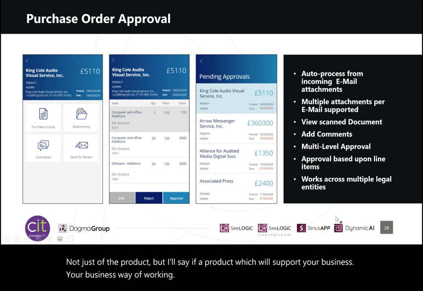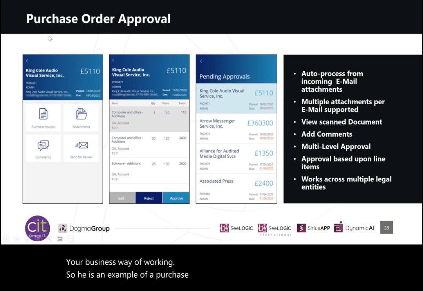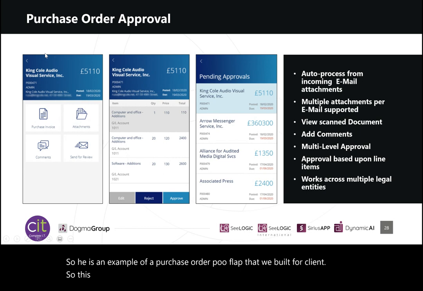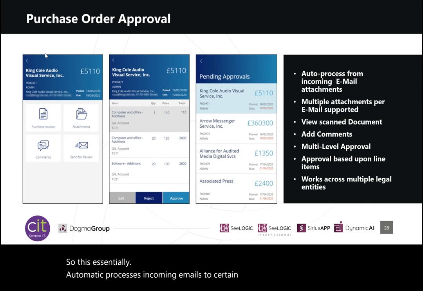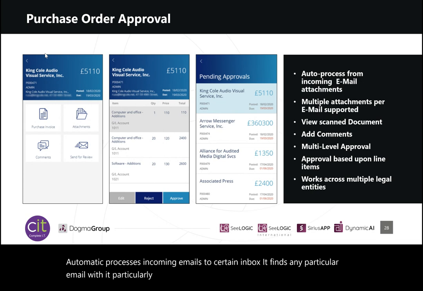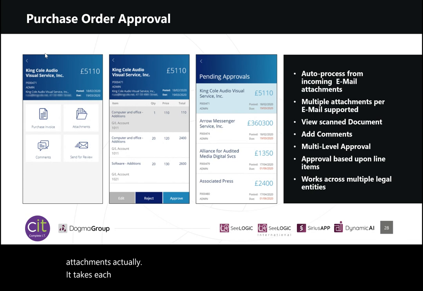So here's an example of a purchase order approval app that we built for our client. This essentially automatically processes incoming emails to a certain inbox. It finds a particular email with a particular email attachment. You can have multiple attachments actually. It takes each of those attachments, looks at the document, verifies it is a purchase order, scans the document, and takes the information from the document.